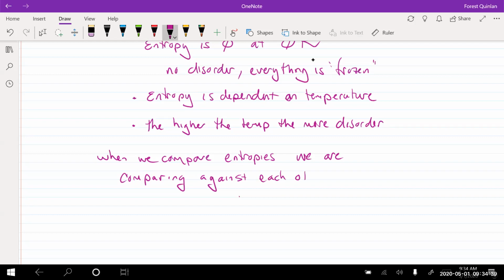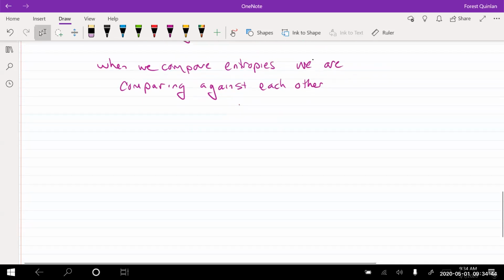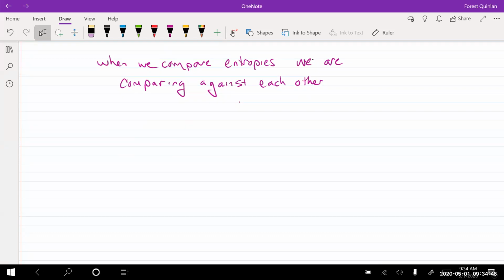What I mean by that is they're all coming from the place of zero, but not necessarily in elemental states. So the delta S of a reaction is equal to the S of the products minus the S of the reactants. Notice that there's not a delta H equals a delta H of the products and a delta H of the reactants. It's just an S of the products and the S of the reactants because they're all coming from exactly the same spot.